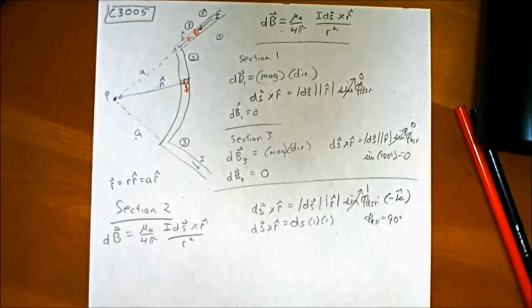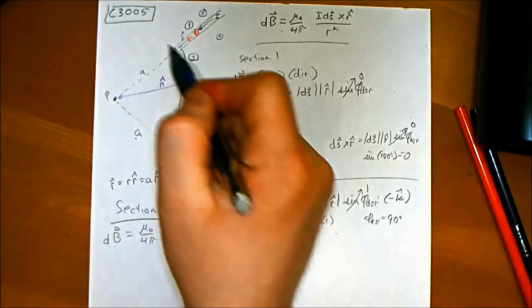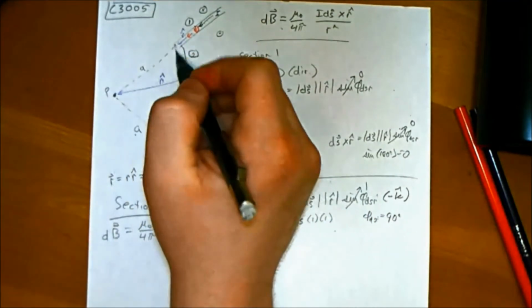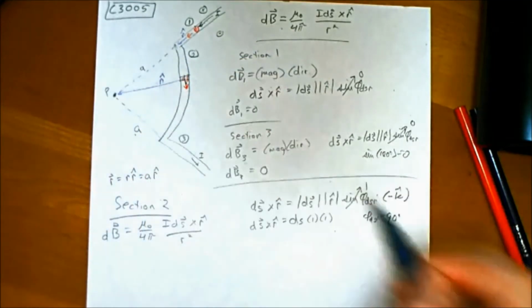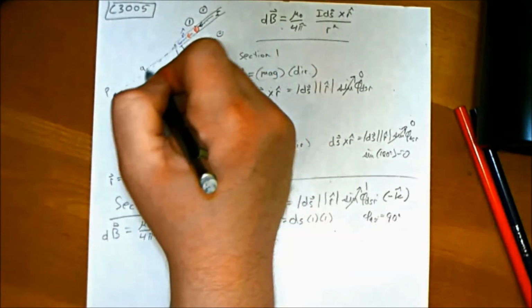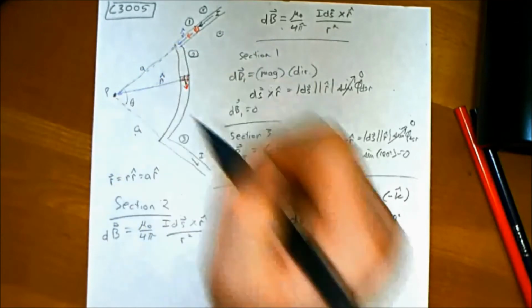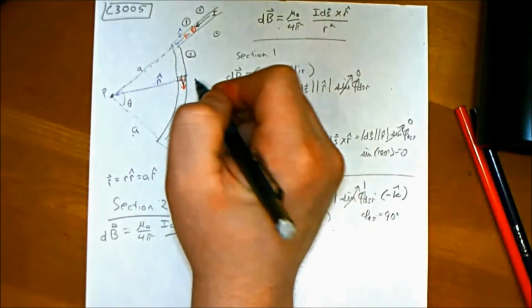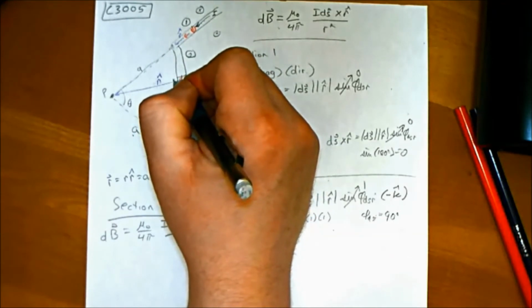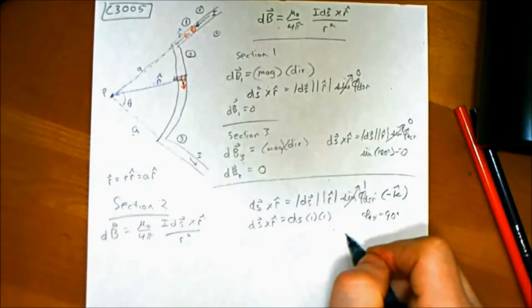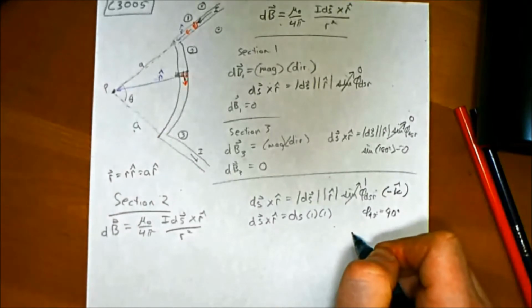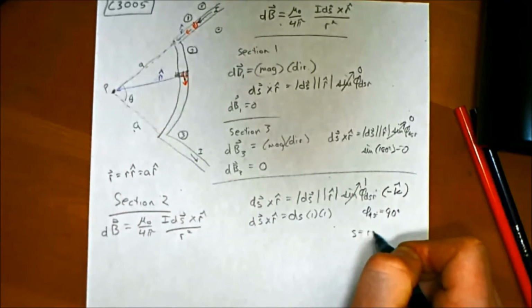Well, what is ds? Because we're going to have to integrate this along something, right? Everything is constant except the angle theta that is changing. So if we say this is 0, then down here we traverse some angle theta. So this is going to be at some angle d theta. Well, if you remember from circular motion, s equals r theta.